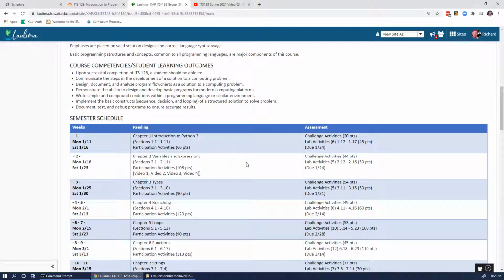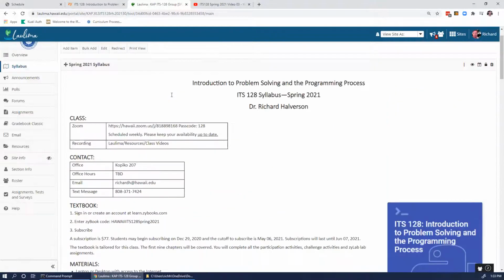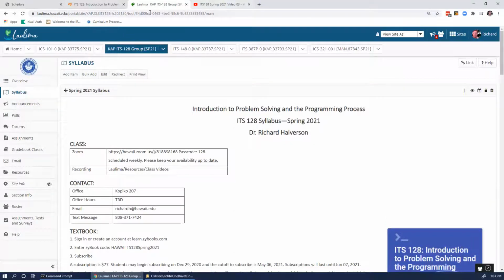So we want to finish up chapter 2 today. I think we did a couple of the lab activities last time, and we got up to around section 2.6. So anyway, let's go to the textbook.